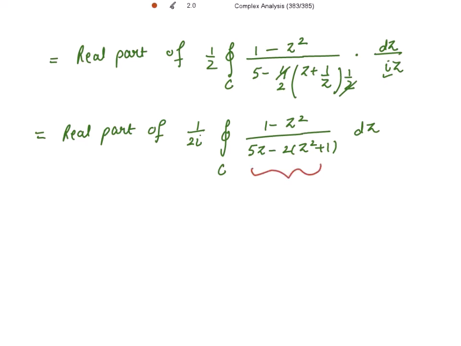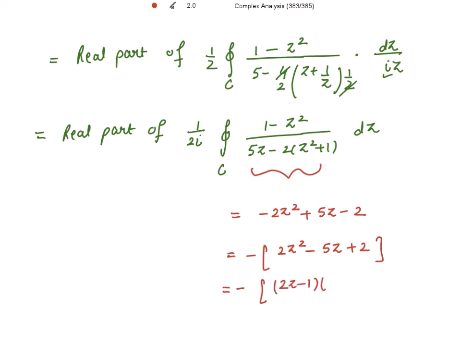This denominator will be further equal to minus 2z square plus 5z minus 2. And when taking the minus common, we get 2z square minus 5z plus 2. Making the factors for this, this is 2z minus 1 into z minus 2. So writing the denominator to be this.